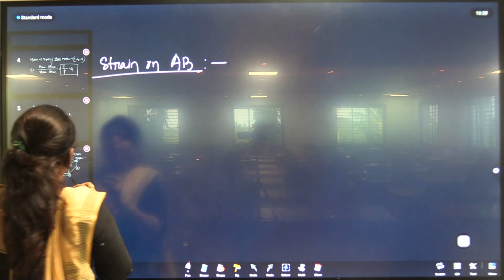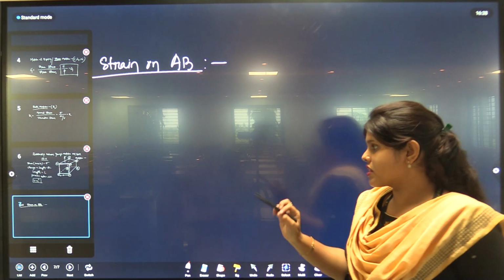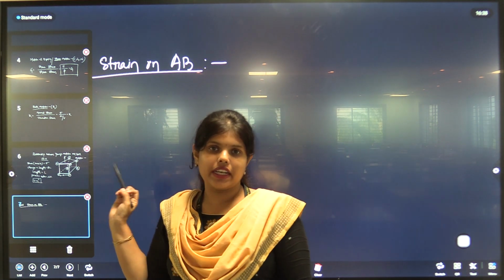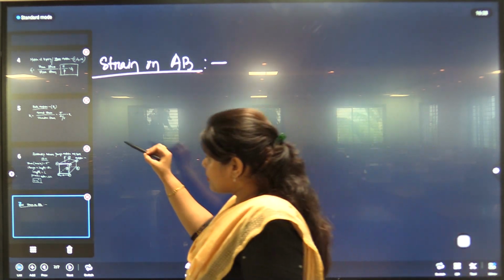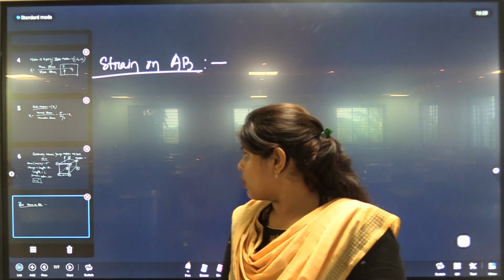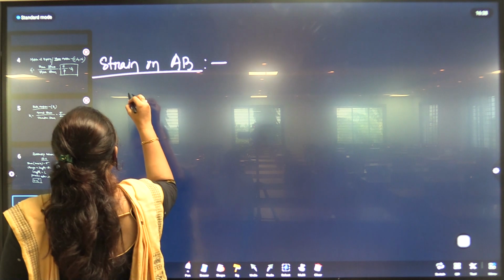We know that tensile force is applied here. So x, y, z axes are there because it is a 3D structure. If in the x axis it becomes positive, then in the other two axes it becomes negative.